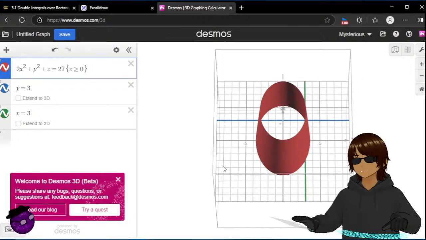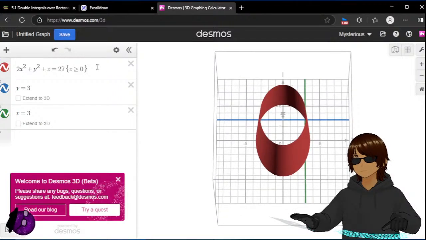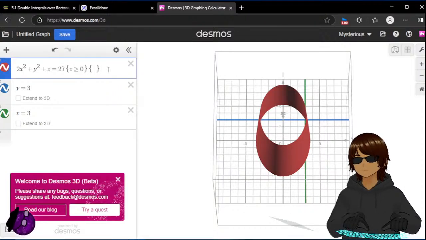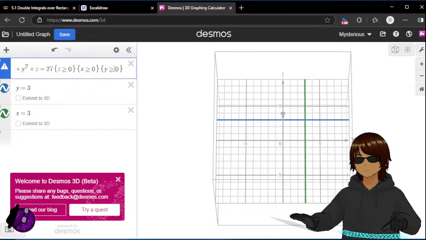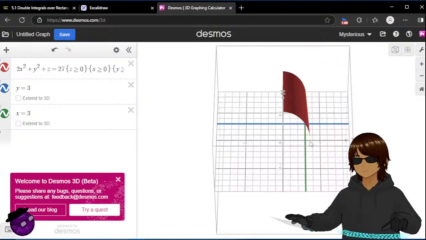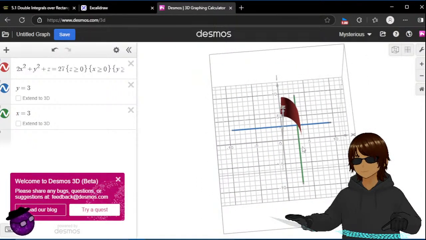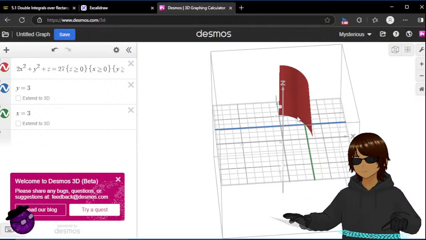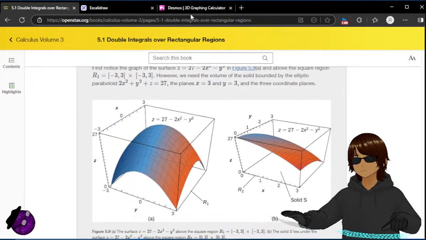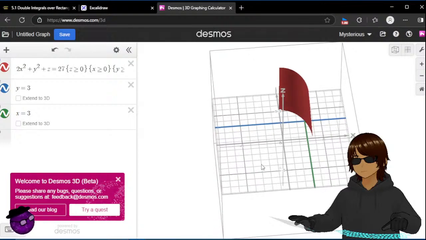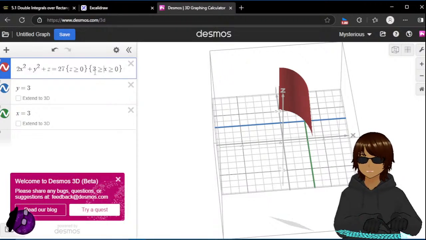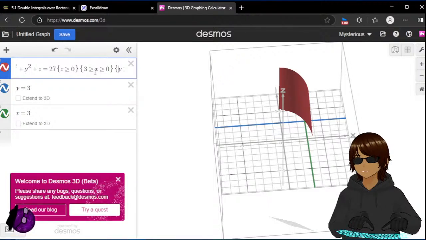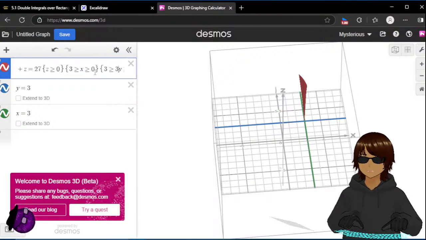So they mean z is greater than or equal to 0, x is greater than or equal to 0, and y is greater than or equal to 0, and between 3 and 3.